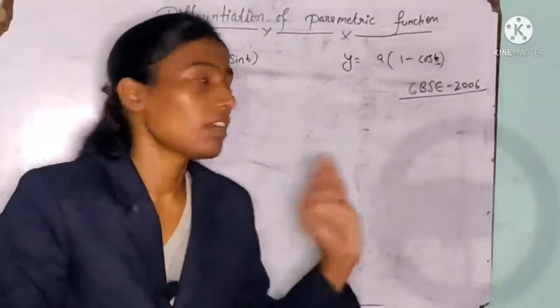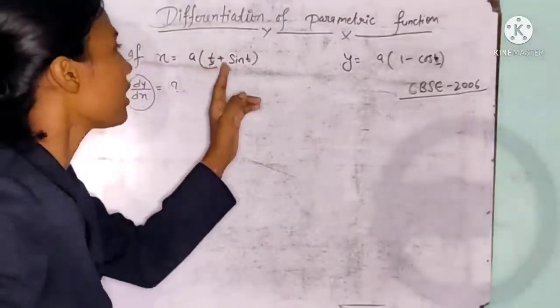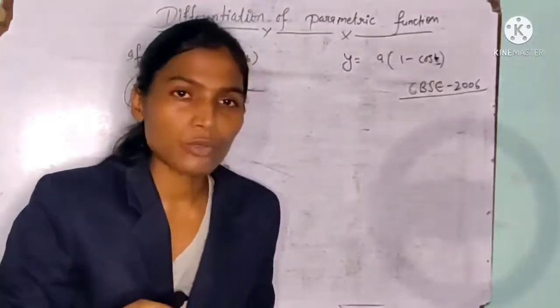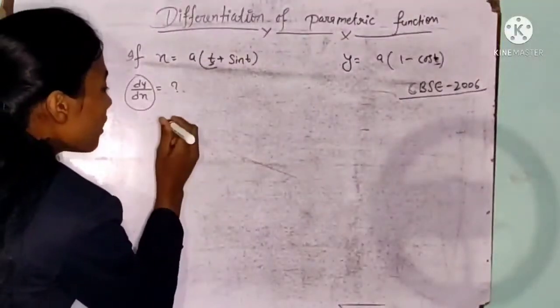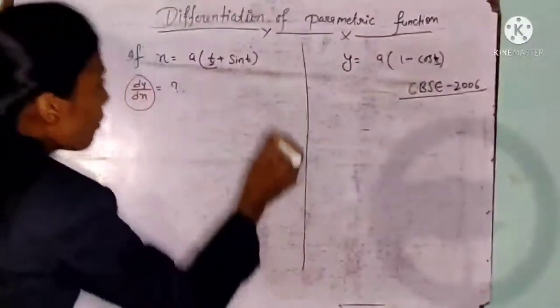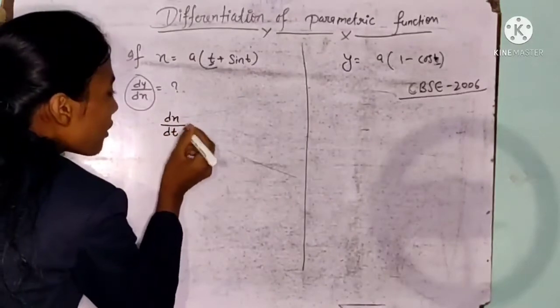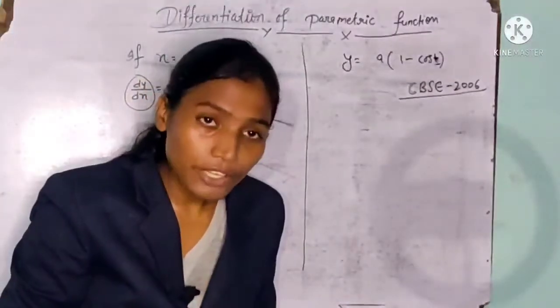See here, the given functions are x equals a times (t plus sin t) and y equals a times (1 minus cos t). First we need to find the derivative of one variable with respect to the other, like first dx by dt. How do we find it? We differentiate x with respect to t.